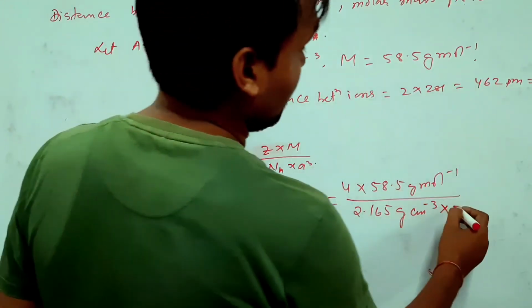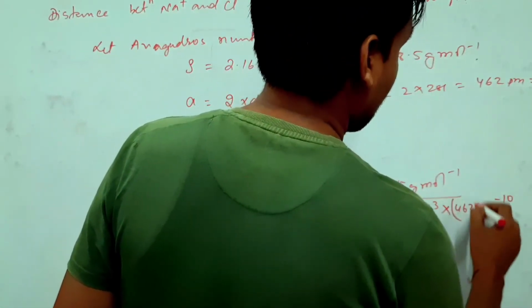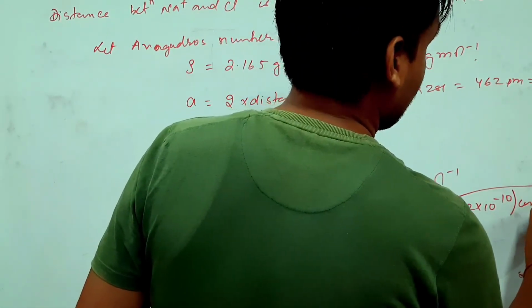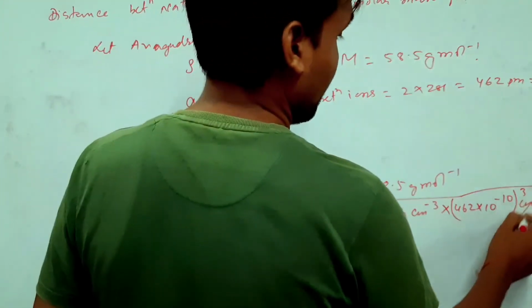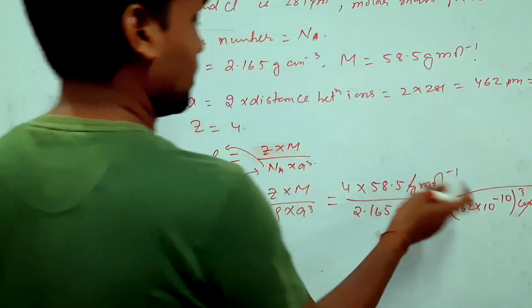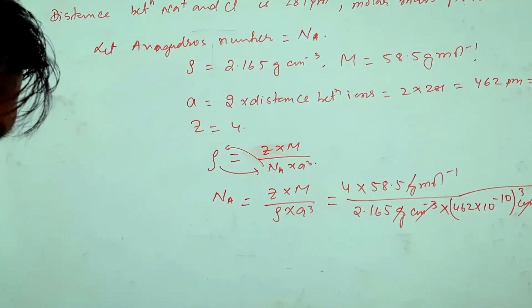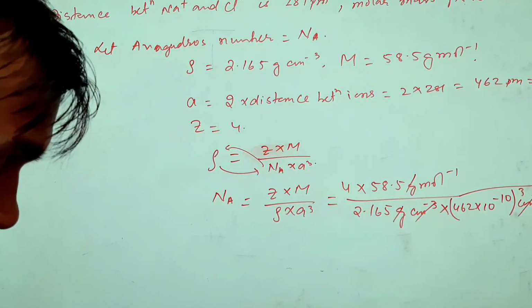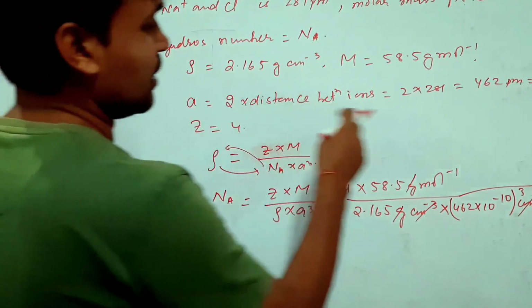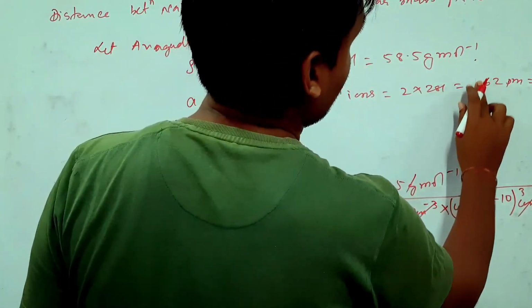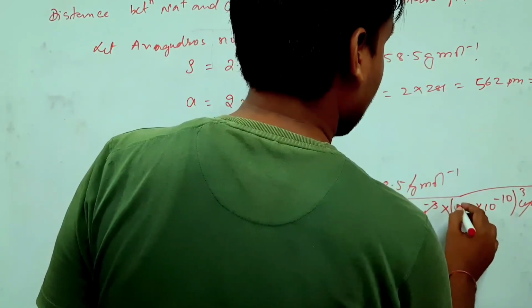The a cube value you have to write as 562 into 10 to the power minus 10, in centimeter cube, and this whole thing cubed. So this one and this one cancel, gram cancels. So what will be left? Mole will be left. If you calculate properly, just a minute, sorry dear students, it is 562.